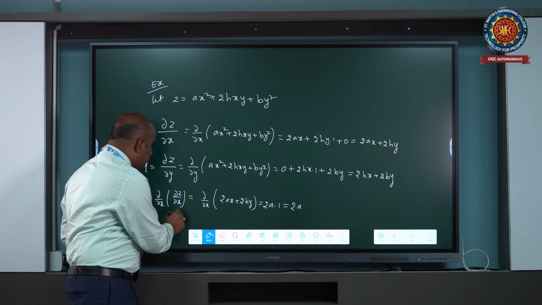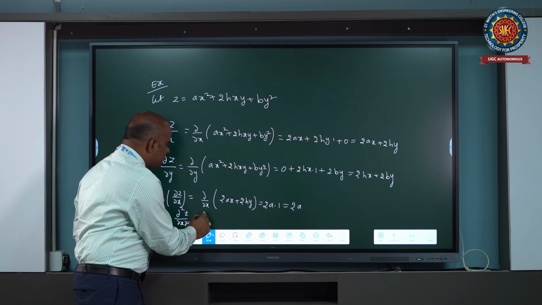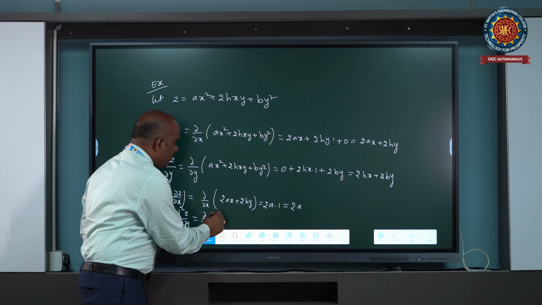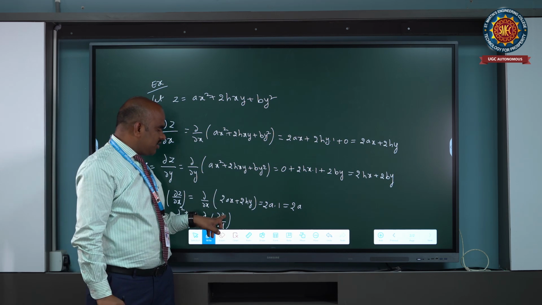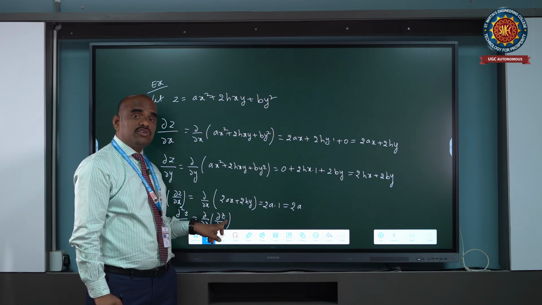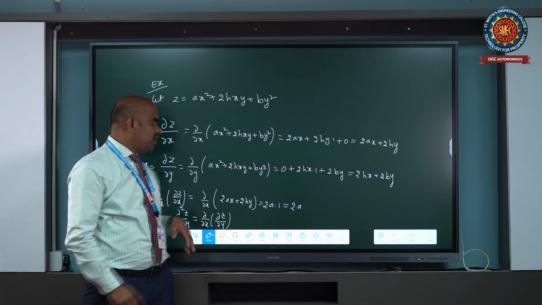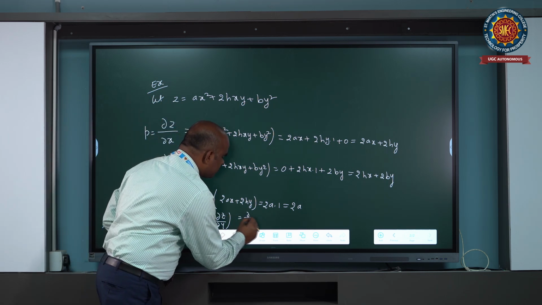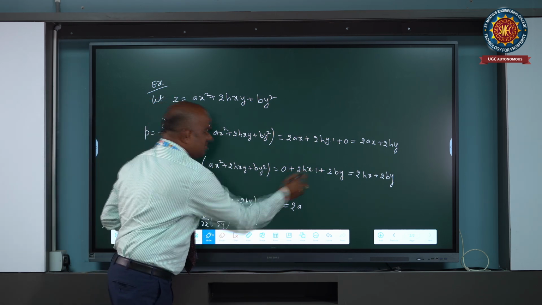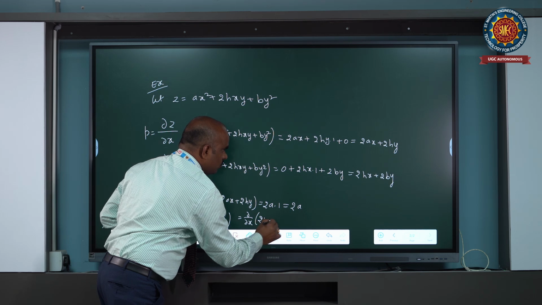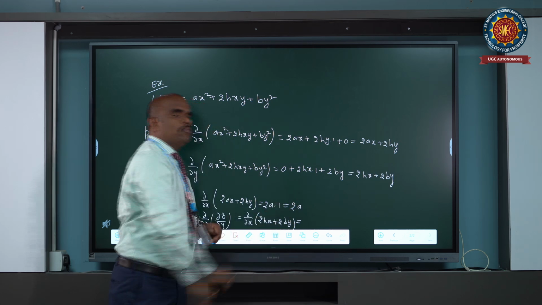Similarly, ∂²z/∂x∂y is nothing but ∂/∂x of ∂z/∂y. Here we already evaluated the derivative of z with respect to y once. Next we are evaluating the partial differentiation with respect to x, that is ∂/∂x of ∂z/∂y, whose value is 2hx plus 2by.